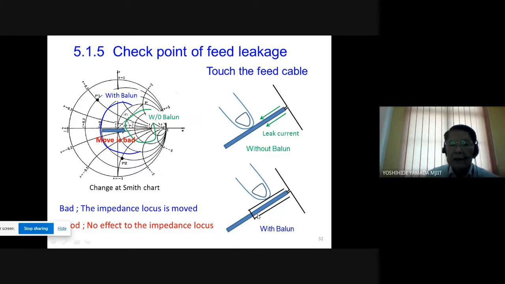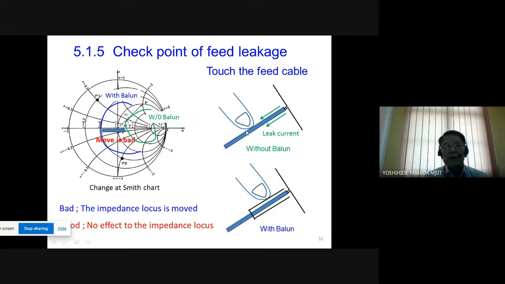However, with the balloon, if we attach the hand, this impedance locus cannot move. With balloon, no move. And without balloon, the impedance locus moves.